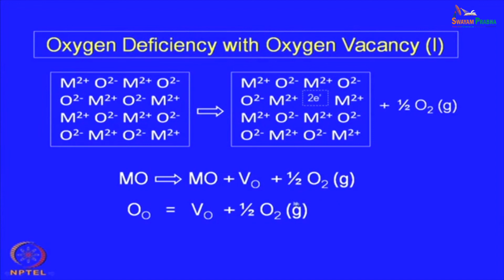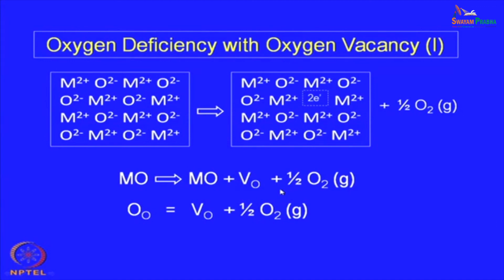Now, this can be written in this manner: oxygen at oxygen site. We need not write the M. We can just write what is happening to the oxygen sublattice. Originally it was oxygen at the oxygen site, now a vacancy has been created, and together with that we have released one atom of oxygen.